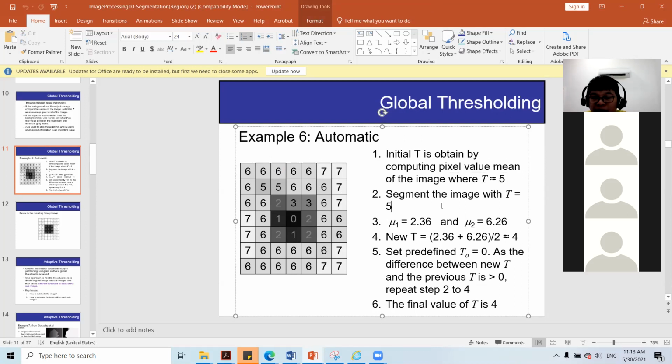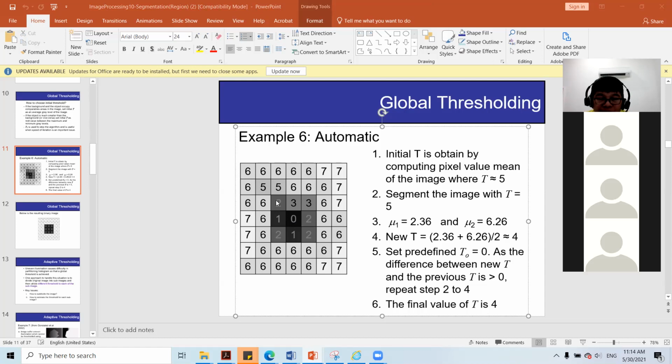Anything above 5 will be in group A, and anything below the threshold will be group B. You separate the image into group A and group B. Then you remap or regroup your image.